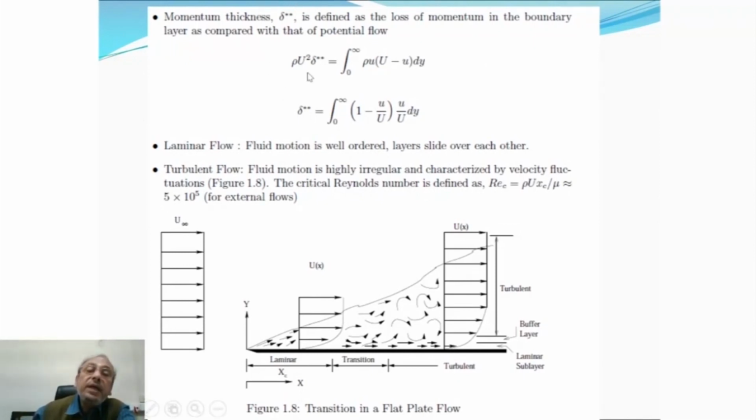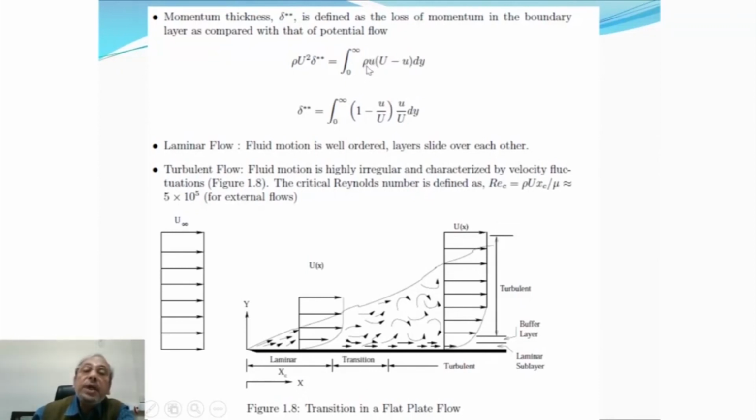So we can write, this is a conceptual thickness so to say, but you can understand what it is. Rho U² δ** is basically the integration of (U − u∞), that is the velocity deficit within the boundary layer, multiplied by the mass, that is rho into the local u.